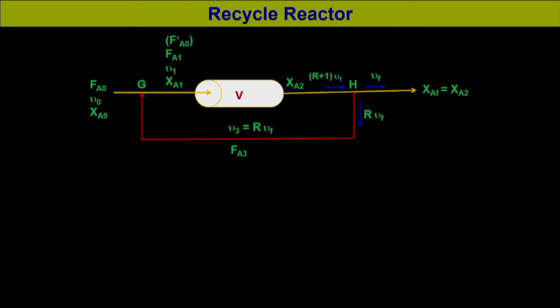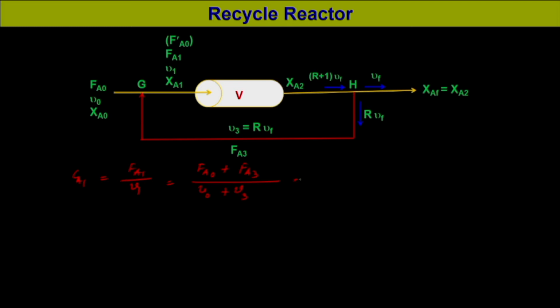Now, C A 1 is equal to F A 1 by V 1, which is equal to F A naught plus F A 3 divided by V naught plus V 3, that is volumetric flow rate.